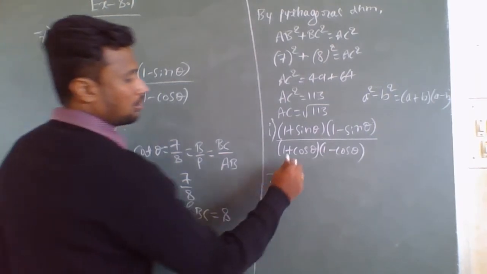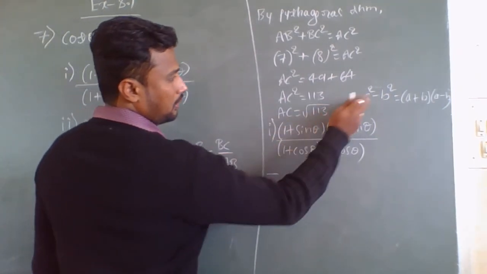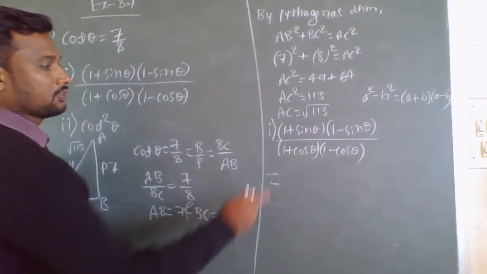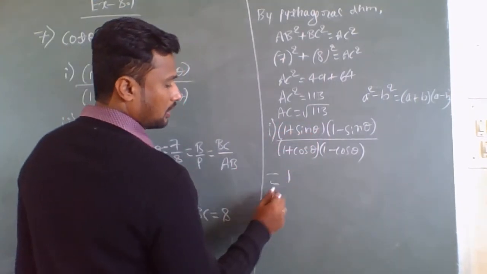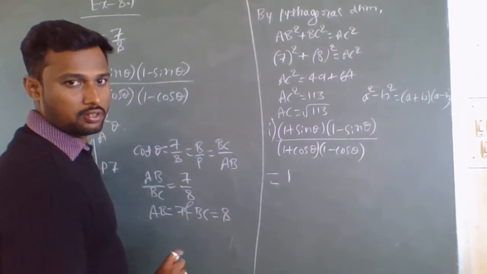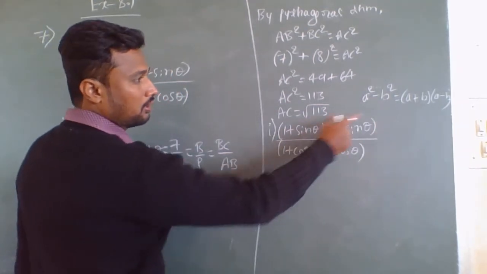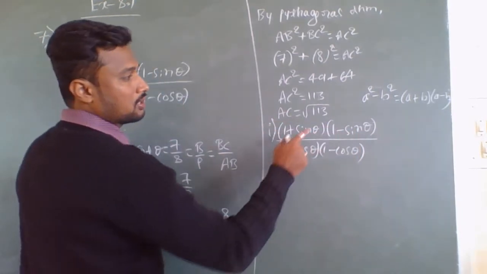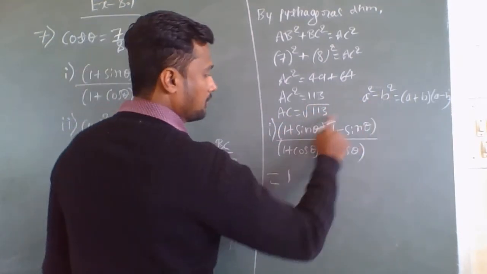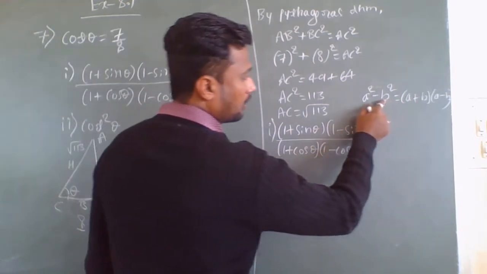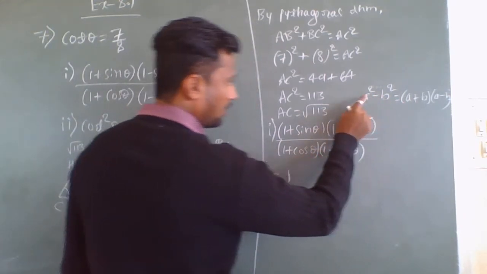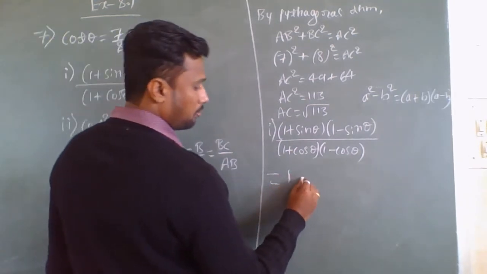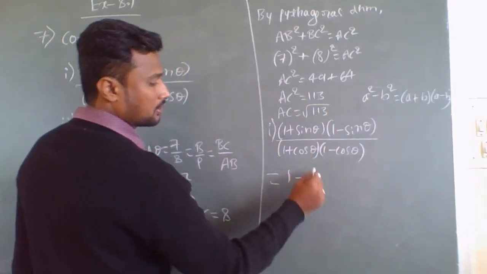Listen carefully to what I did. A plus b, a minus b is 1 plus sin theta, 1 minus sin theta, where a is 1 and b is sin theta. So we write it in the form a square minus b square. 1 square is 1, minus b square, which is sin square theta.